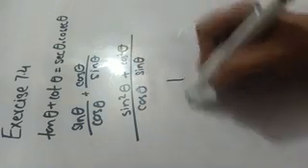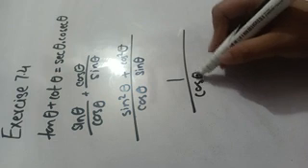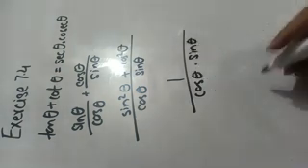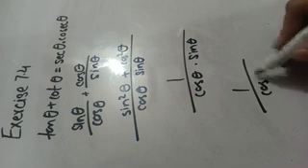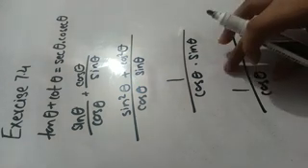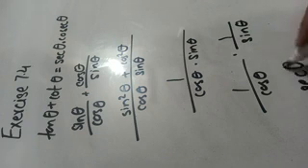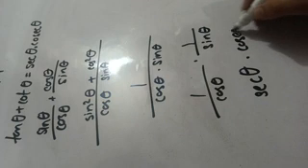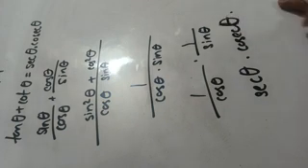So it would be equal to 1 over cos theta and sine theta. So separating them, 1 over cos theta dot 1 over sine theta. So 1 over cos is equal to secant theta and 1 over sine is equal to cosecant theta. So this is our answer. Now move on to question number 16.